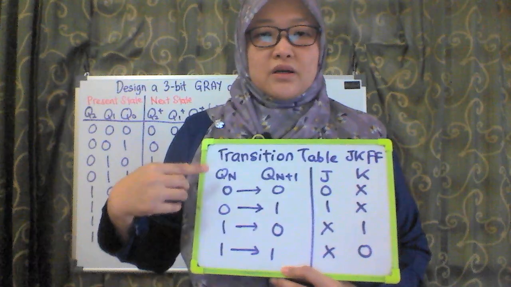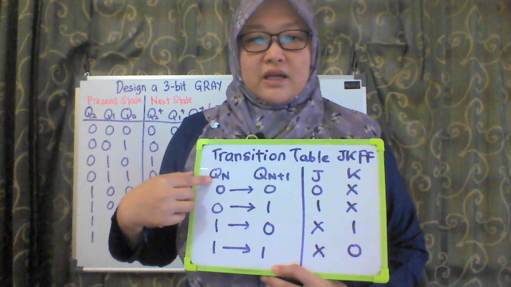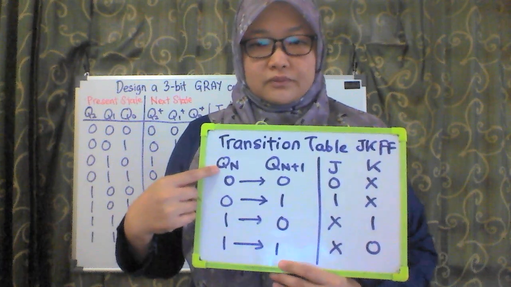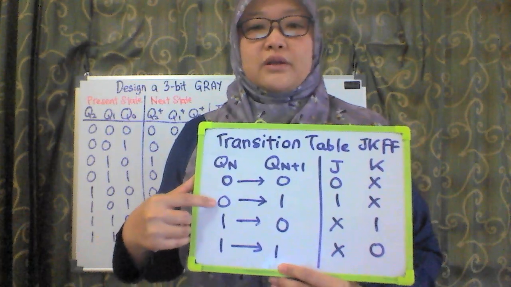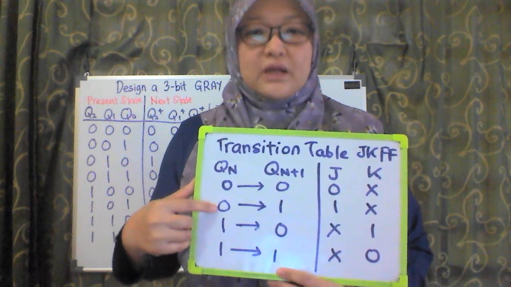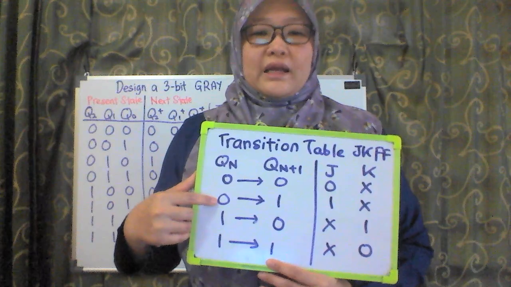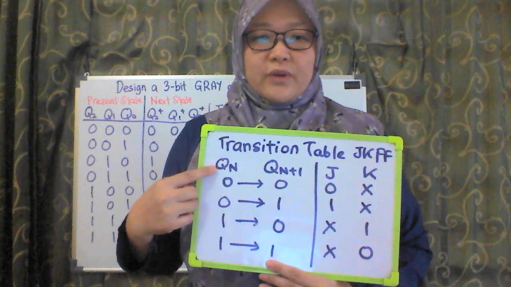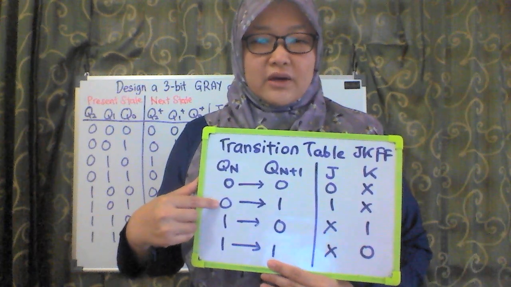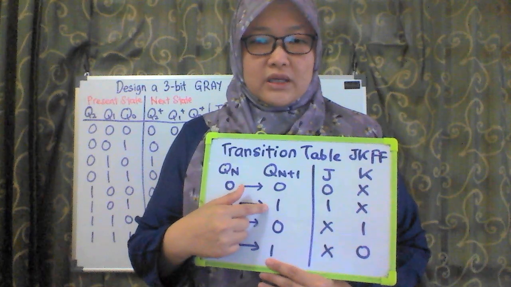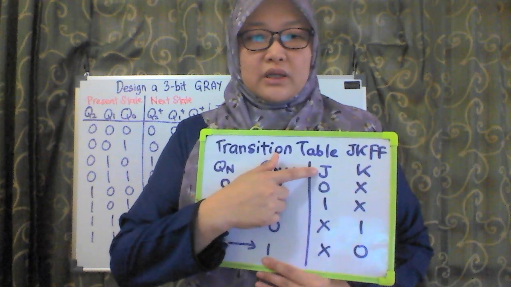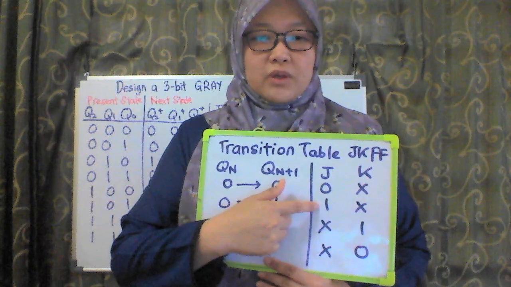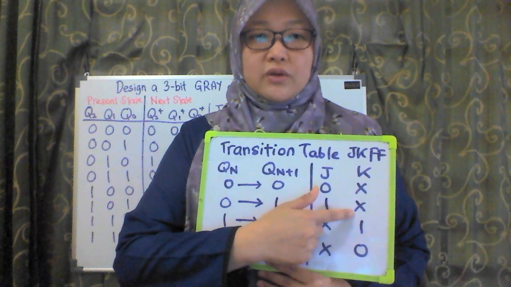If your present state of Q is 0 and your next state changes to 1, the input J should be 1, K should be don't care.